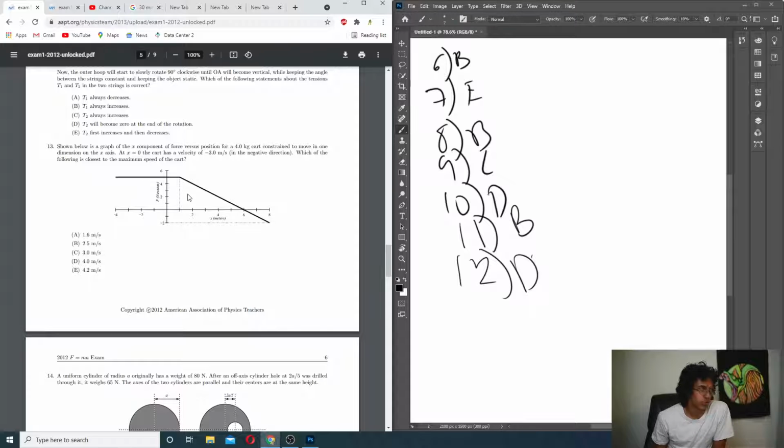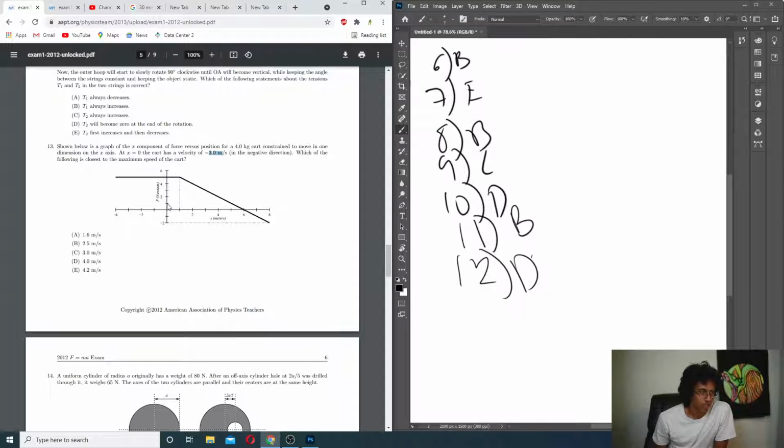So originally the force is telling it to go the opposite way. So either the maximum speed is here, right? Okay, so it starts moving this way, so it's always slowing down. Then it goes this way, it speeds up, and then it starts slowing down.